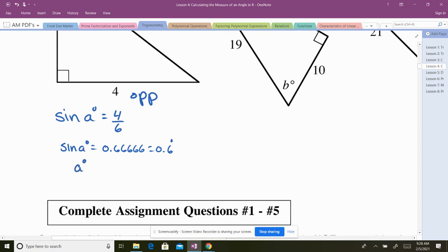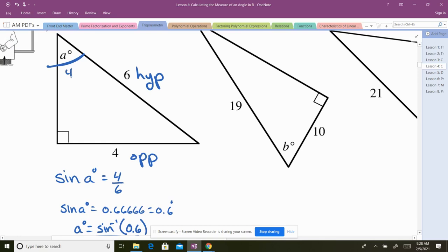So A is equal to... no, you can't. So you just hit 6 repeating. Press 6 like 38,000 times. Yep, 42 degrees. There you go.